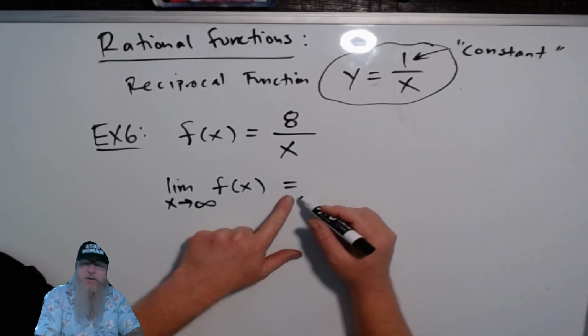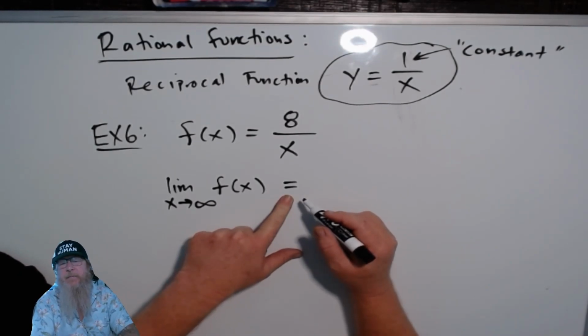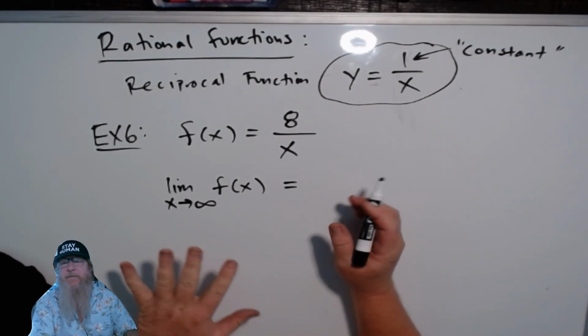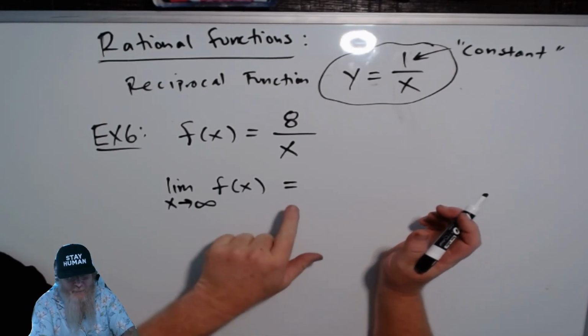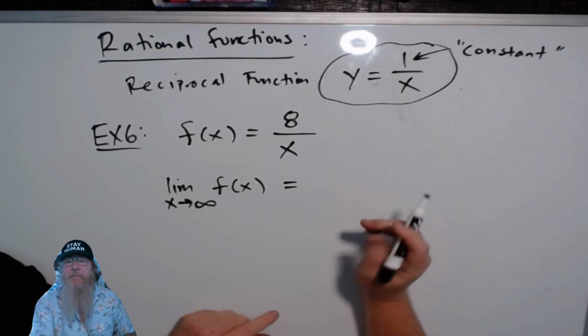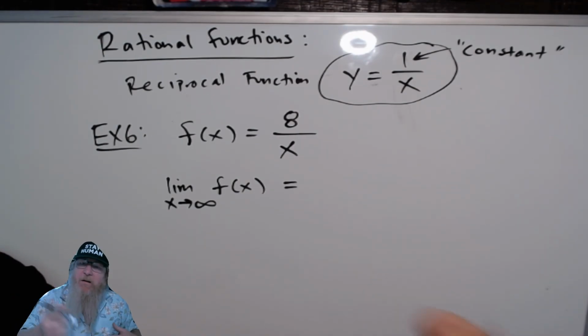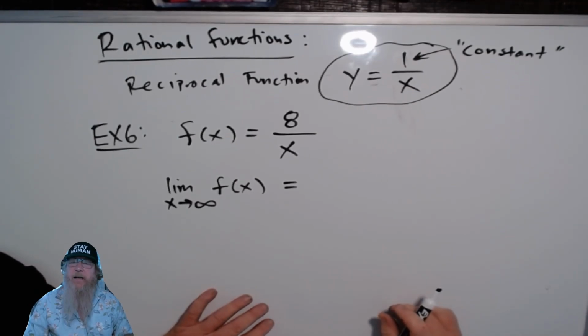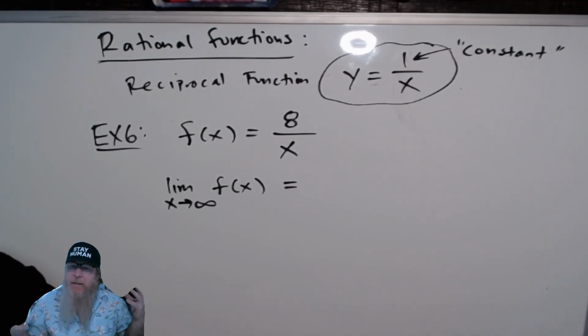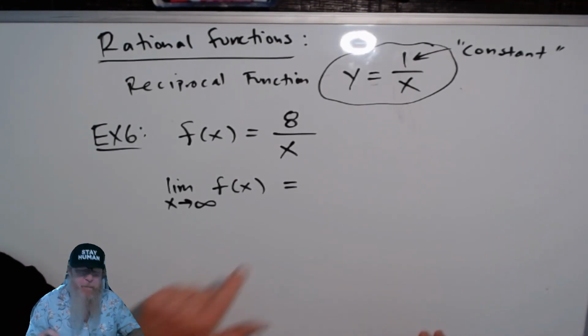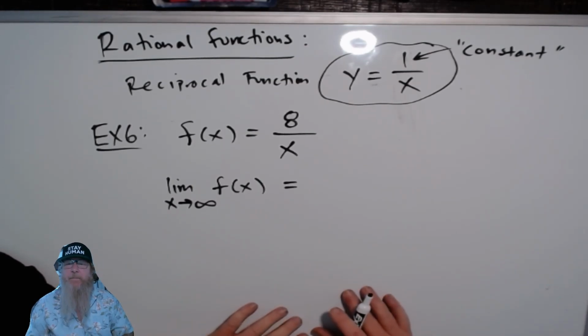Now again, I usually start off with an equal sign, and then I have a couple choices. If the limit doesn't exist, I can put equals DNE. If the limit goes to infinity or to negative infinity, then I can use an arrow and say it approaches infinity or negative infinity. And then if the limit exists, it actually equals a number, then I'll keep it as an equal sign.